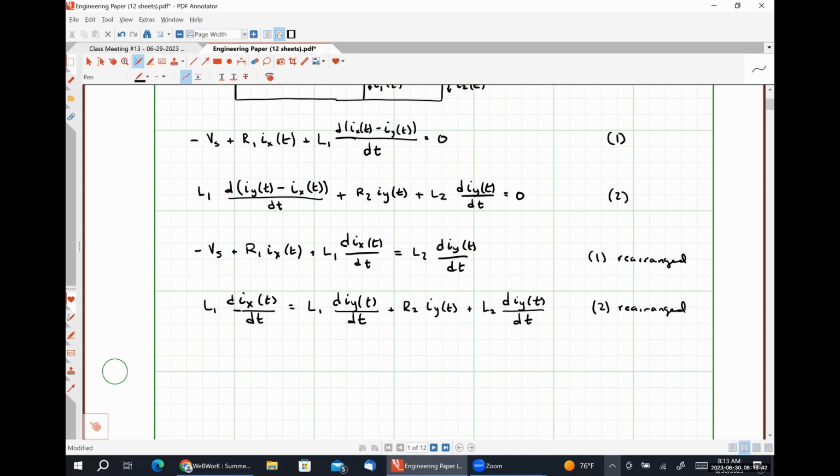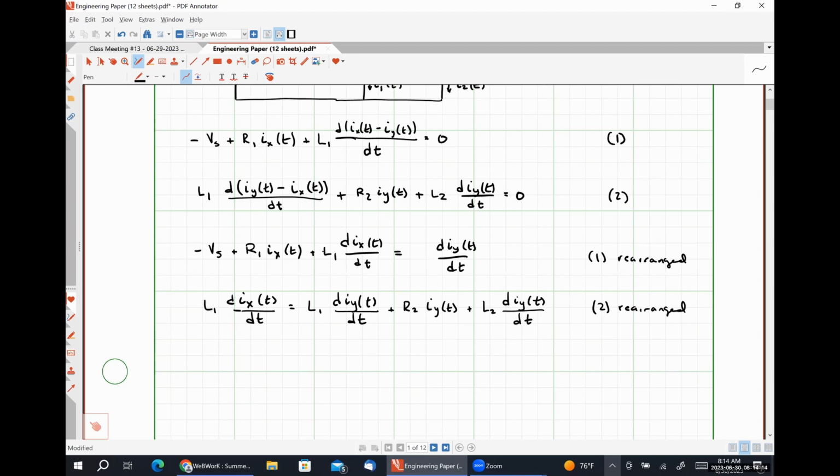Actually, sorry, I just realized I made a mistake here. This guy right here should be an L1 because it's coming from this equation. So let me make sure I got all my other coefficients correct. Okay. Let's do one more edit to this equation 1 rearranged.